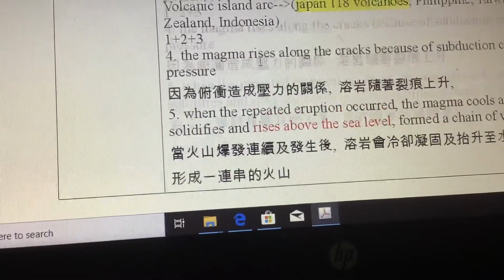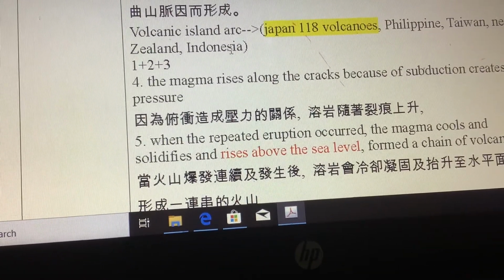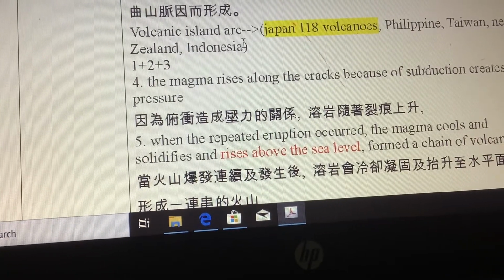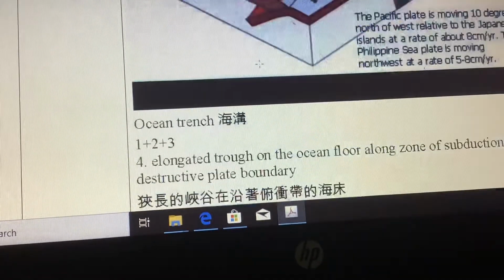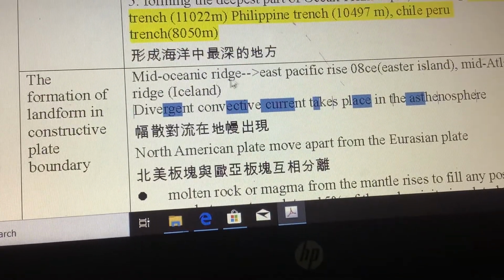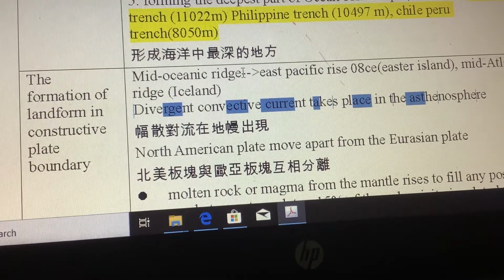Volcanic island is talking about the destructive plate boundary, which causes a chain of volcanic islands. But for the constructive plate boundary, we are talking about a volcanic island, not necessarily a chain. It is a kind of volcanic island caused by the divergent movement of a constructive plate boundary.